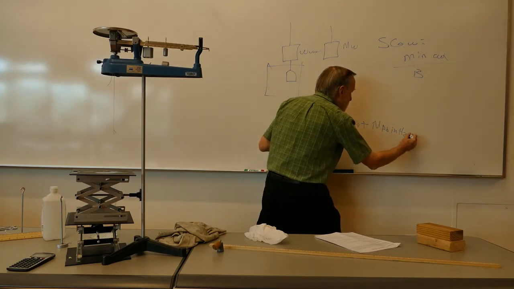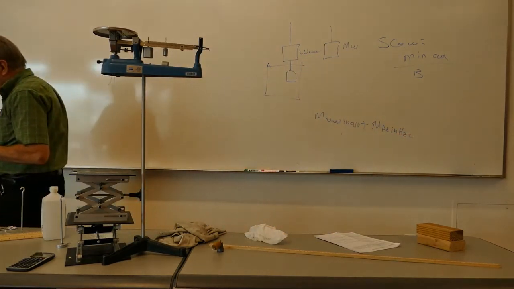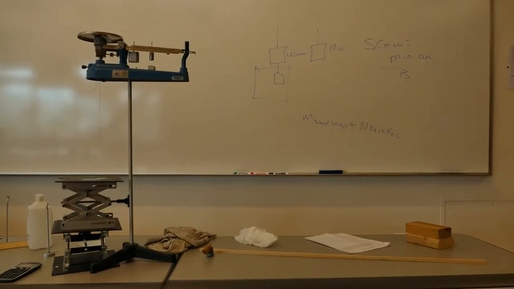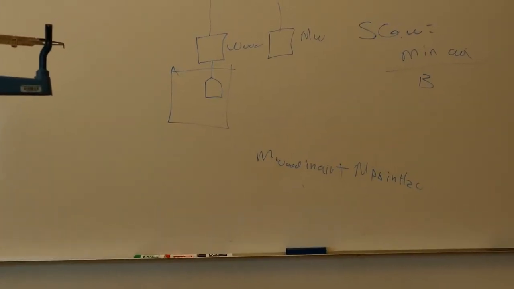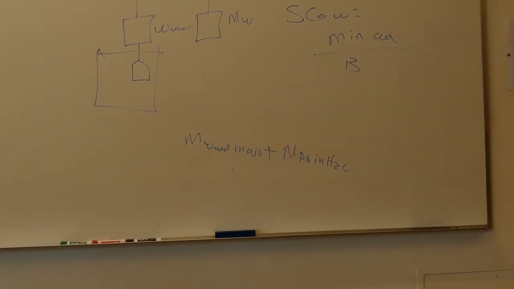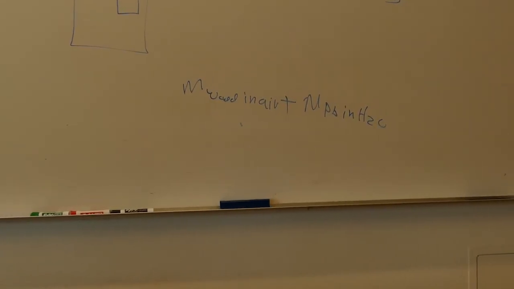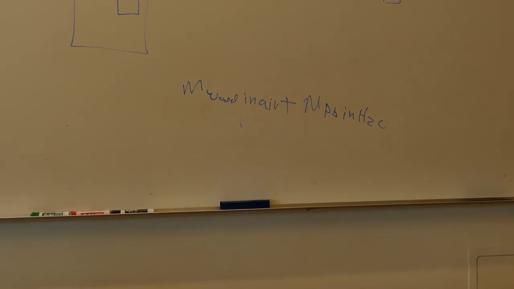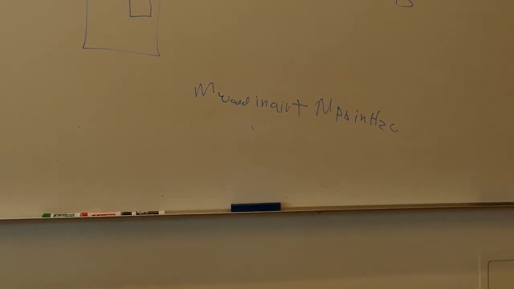Now this might be a little hard for you to read. Let's see if I can zoom in on that a little bit. Okay, so there's the mass of the wood in air and the sinker in the water.